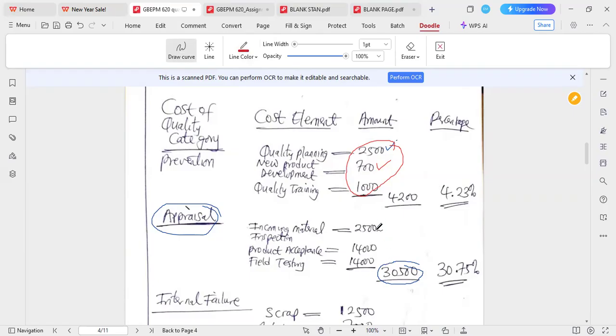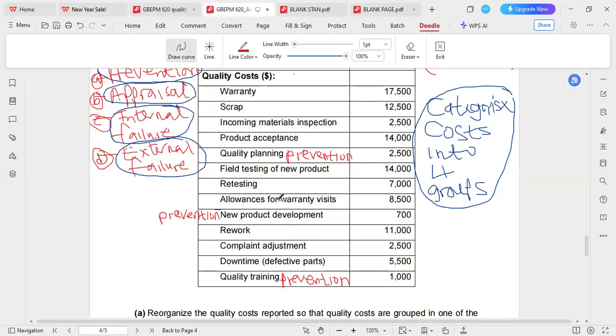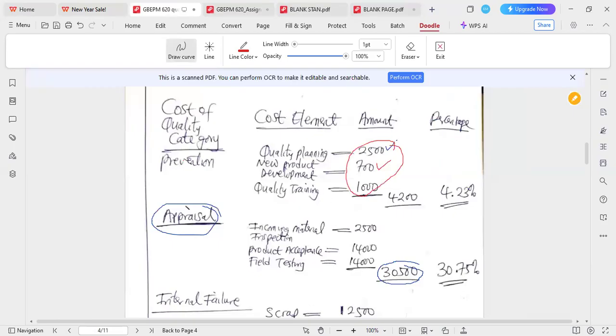So what we are simply saying is that material inspection is appraisal, product acceptance is also appraisal, and field testing is also appraisal. Then getting down to the other part of cost of quality.